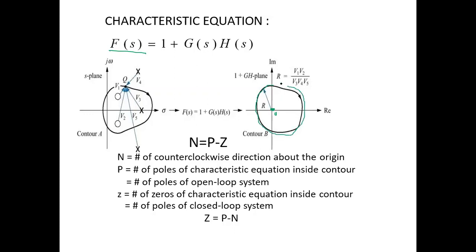So this is the contour. I mean, within this region the system is stable. That is the way we can conclude. Our number of encirclements about this origin we will calculate, whether it is clockwise or anti-clockwise. Based on this encirclement n value, we will calculate the system stability.